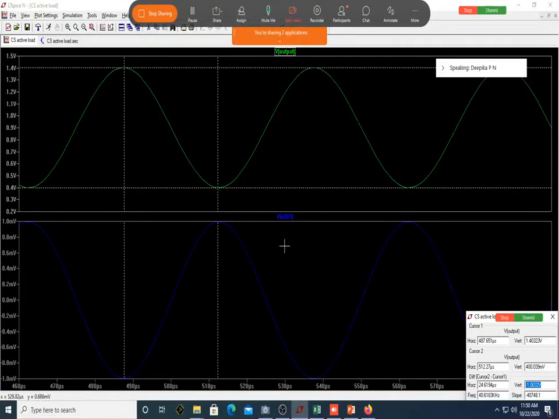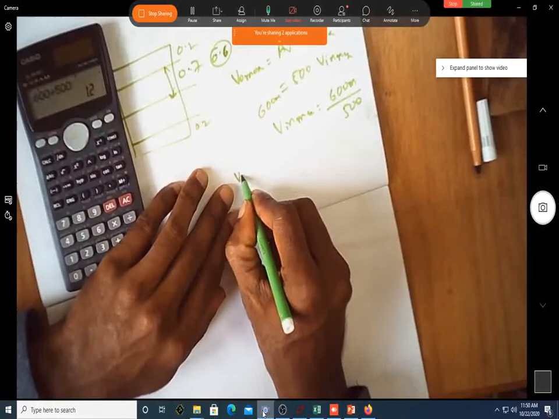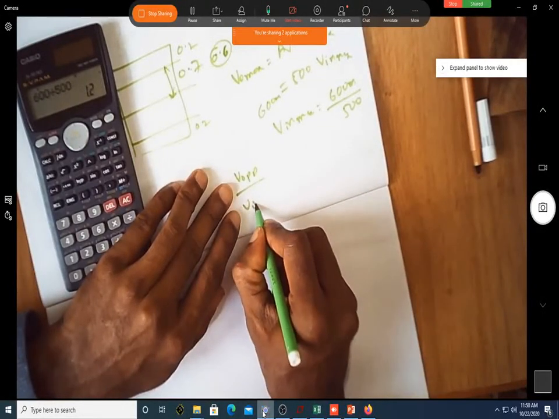How much is the input peak to peak? See, this is 1 millivolt. At the bottom it is minus 1 millivolt. The difference is 2 millivolt. So AV is V0 peak to peak by Vin peak to peak.